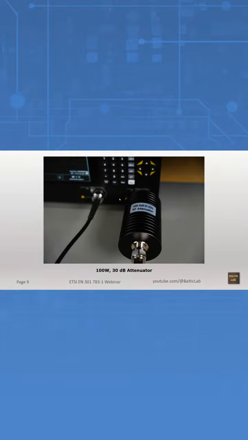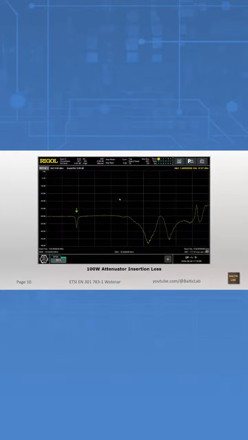And that's the next thing I often see. People buy stuff and then believe that a cheap 30 decibel attenuator will have exactly 30.000 decibels, and that over the entire frequency range. That is not the case. Here is an insertion loss profile of that attenuator I've just shown.